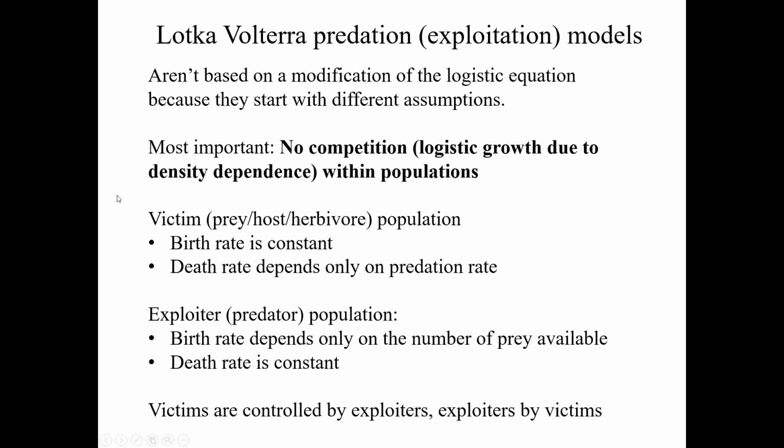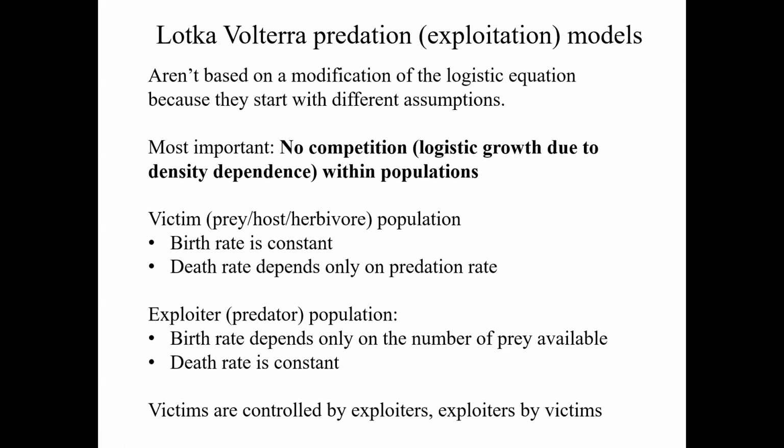So the people who took this seriously and first tried to develop models of predator-prey interactions, because they weren't really focused on parasites or parasitoids, were two Italian scientists named Lotka and Volterra. And in fact, when we talk about the logistic equation, when we talk about competition equations, those are also due to these guys, Lotka and Volterra.